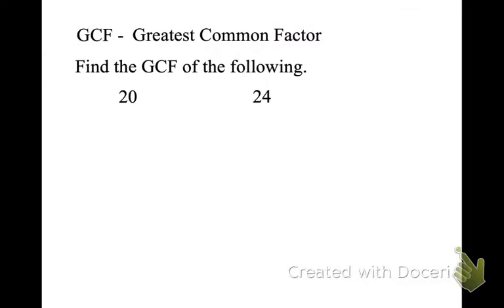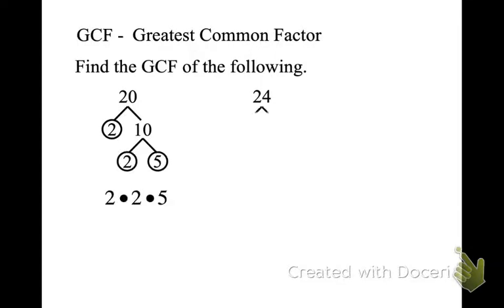So we're going to break down 20 and 24. We'll break down 20 to 2 and 10, and then 10 breaks down to 2 and 5. And 24, they're going 2 and 12, and 12 breaks down to 2 and 6, and 6 breaks down to 2 and 3.